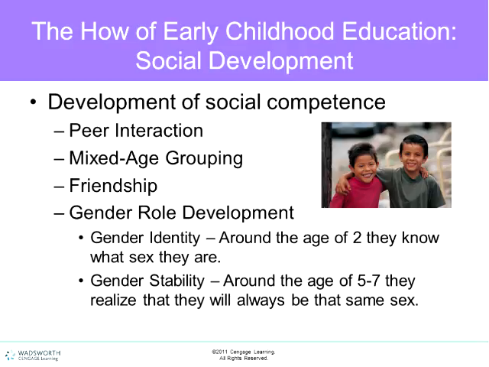And something that they also learn socially about is gender role. Now, two things that are talked about in the book that I think are really interesting are gender identity, which they say that around the age of 2, children know if they are a boy or a girl. However, it's not until about the age of 5 to 7 that they reach gender stability.